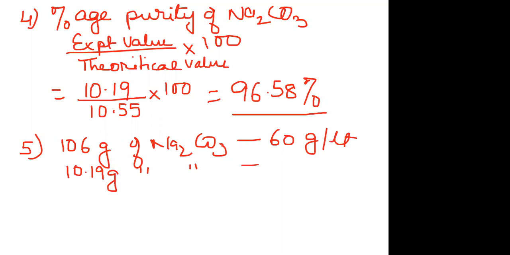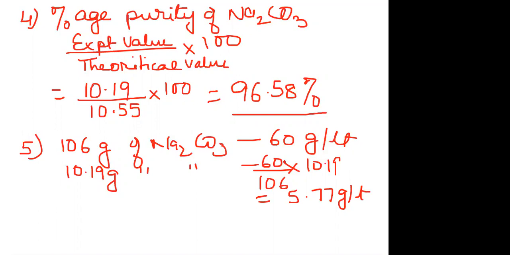When you do the calculation of 60 divided by 106 into 10.19, you will get this value to be equal to 5.77 grams per liter.